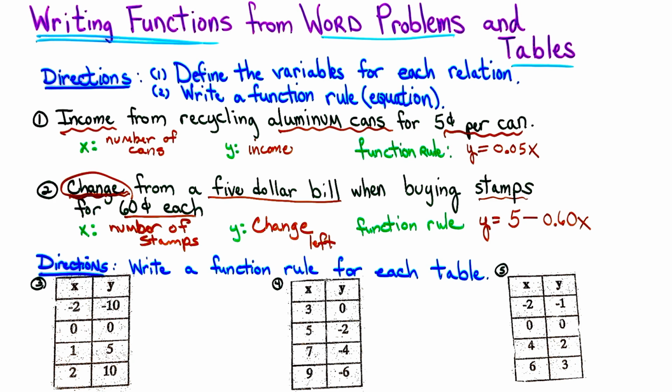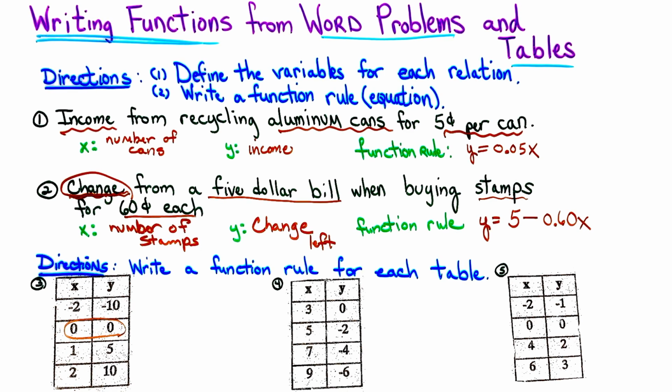All right, well, let's take a look at writing a function rule from a table. When we're looking at the tables, we are going to be having an X column and a Y column. And we're going to want to see how are the changes in X and the changes in Y. And I'm going to also want to see, do I start off with a 0, 0?